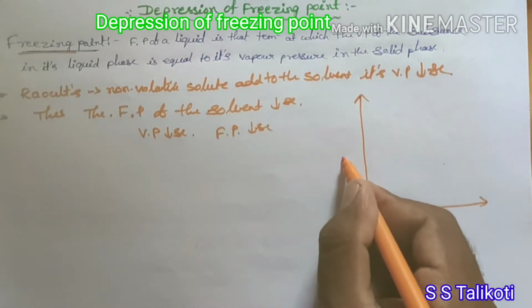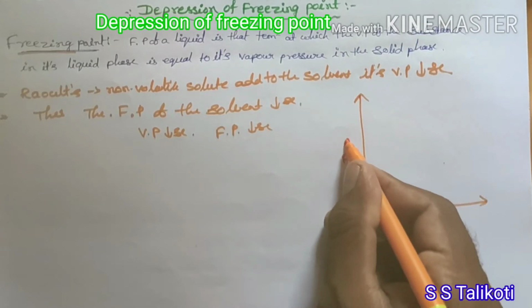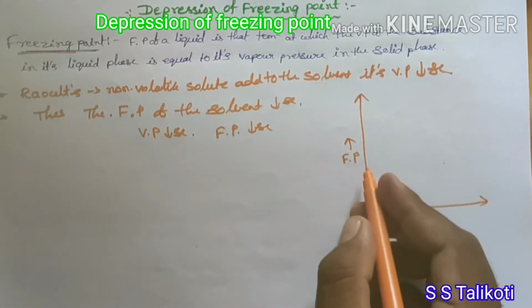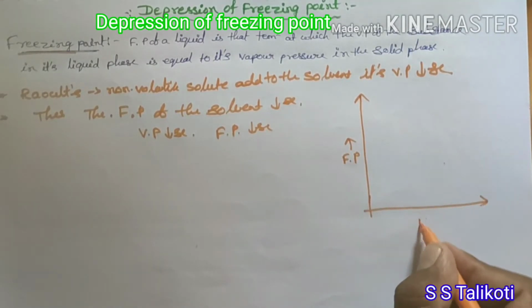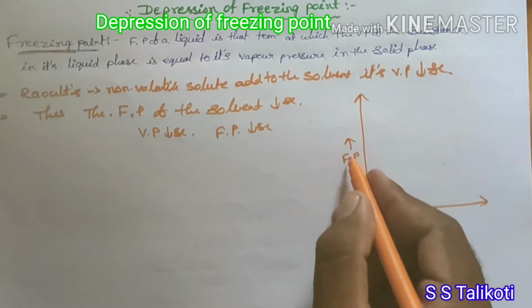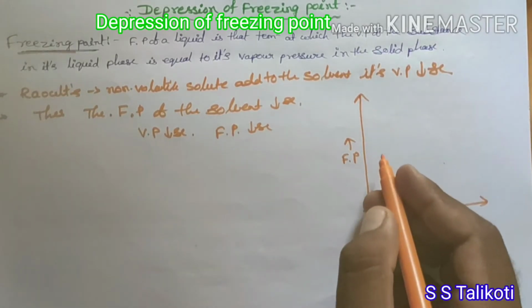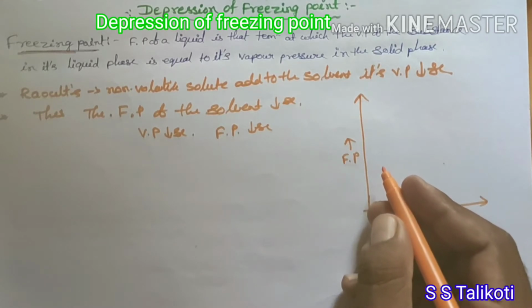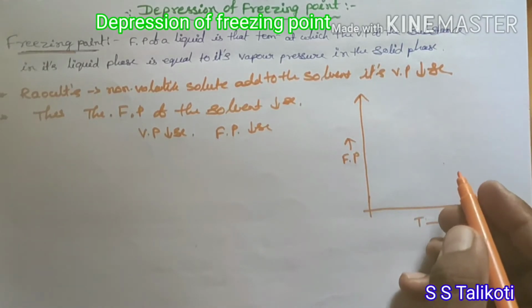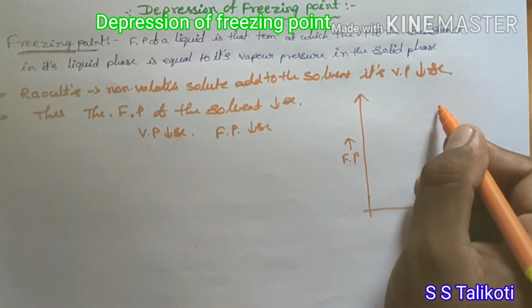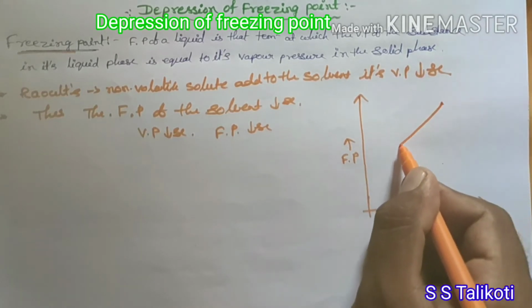Okay, this is the freezing point, and this is temperature. One minute, dear student, I will check what graph we observed in the previous session. Okay, this is vapor pressure against temperature. We first observed a curve like this.